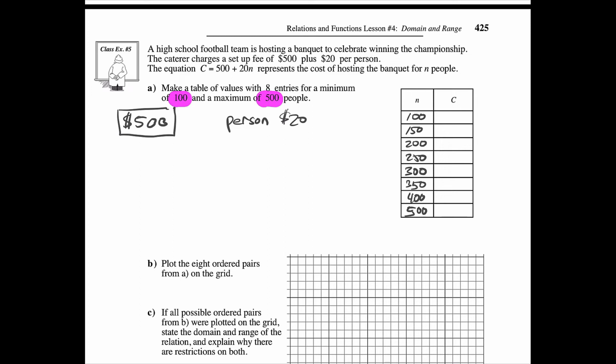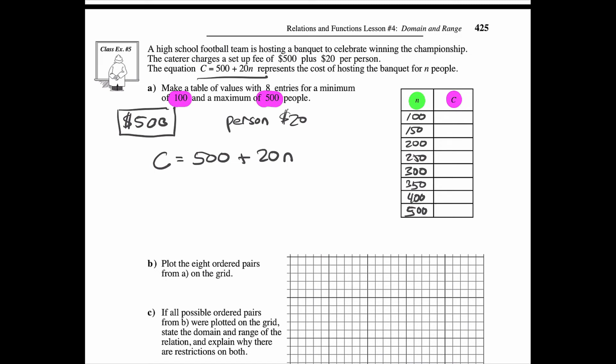And we've got this equation that they've written that says the cost, uppercase C, is equal to 500, which is our initial charge, plus you're going to pay $20 for every other person. So N right here is the number of people, and C is the cost of the banquet.